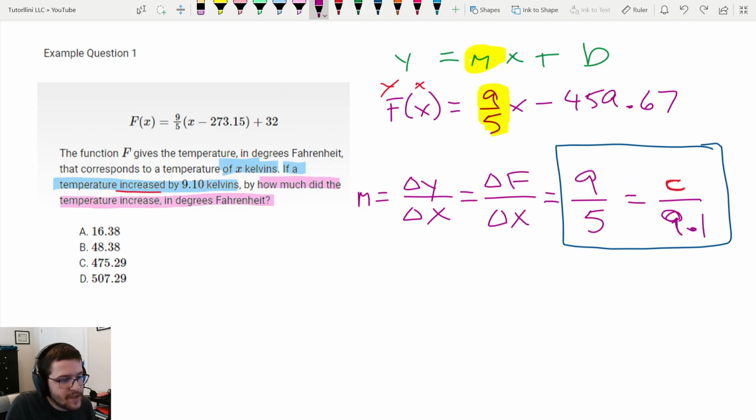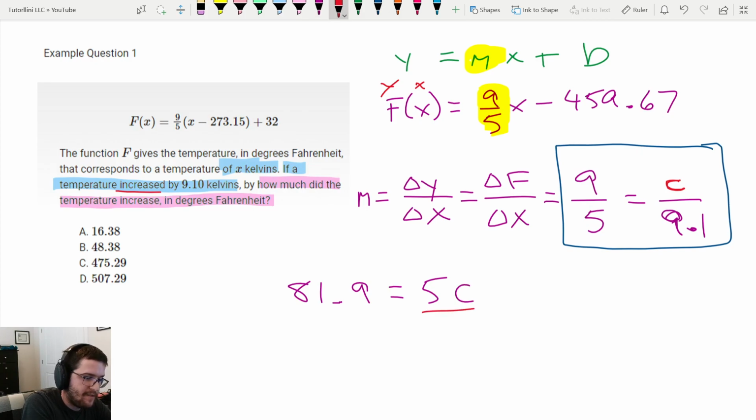Okay, so now to solve this equation, we can cross multiply. So 9 times 9.1 is 81.9. And then the other guy here, 5 times c. So that's just 5c. Now I divide both sides by 5.